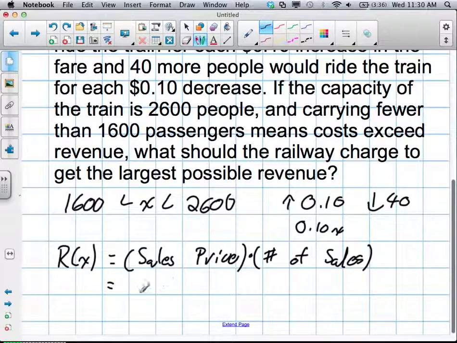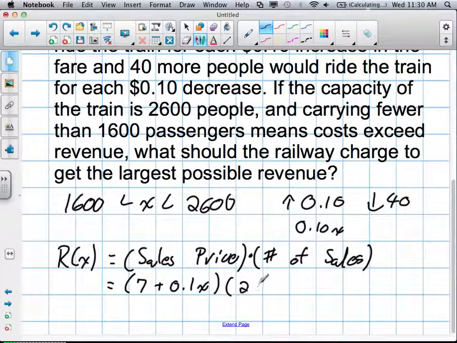Our sales price, the original sales price is $7. And we're going to talk about it as increases, okay? $7 plus 0.1x, depending on what our x is. We know if it's negative, things are going to go the other way, which is good, because when we do number of sales, well, right now, what are our sales at right now? 2,000.